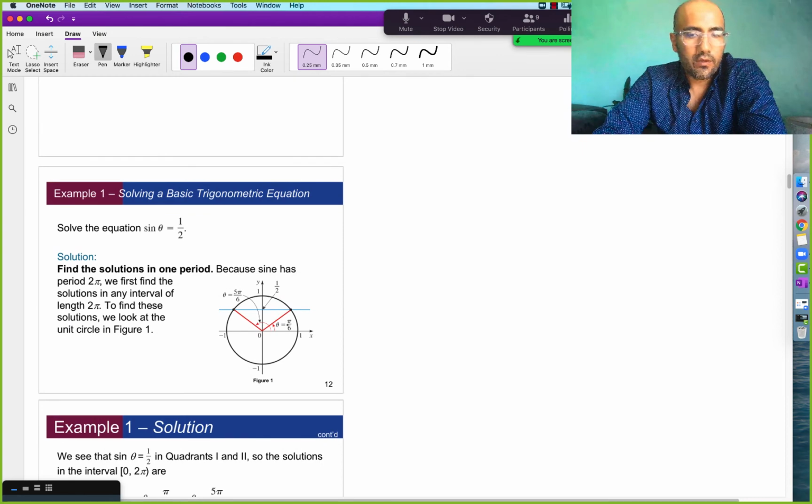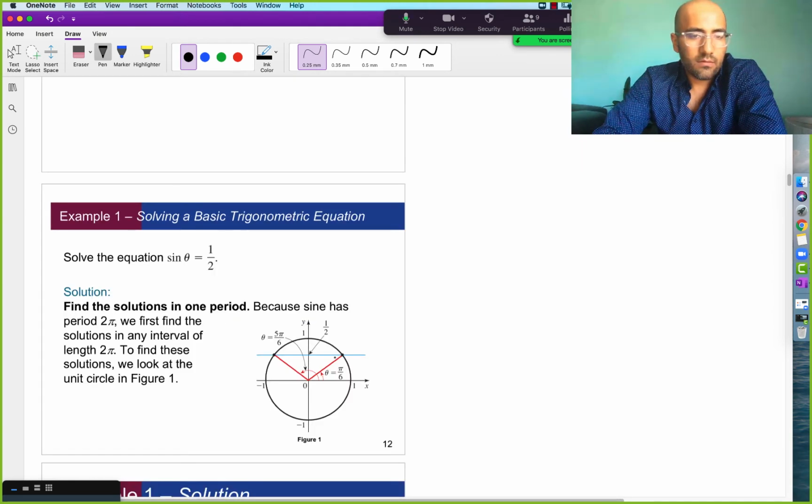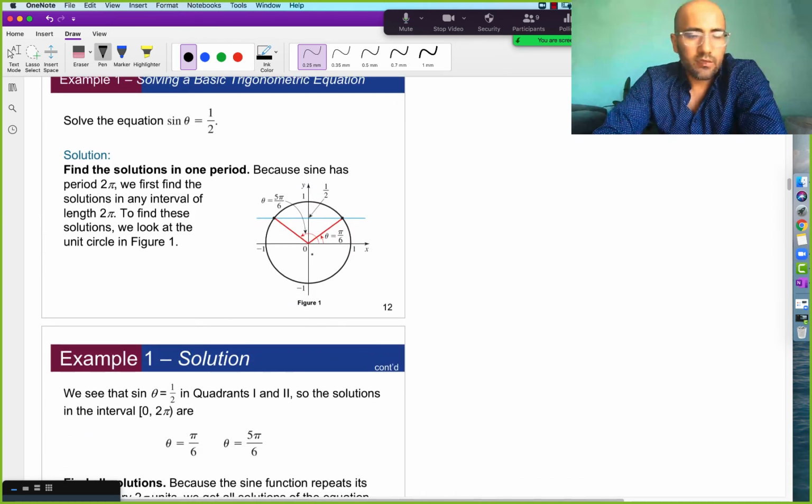So here's the work the author did. Quadrant 1 is pi over 6, that's 30 degrees. So we have to find another value in quadrant 2, that's going to be the 150 degrees, that's 5 pi over 6. And the reason we're in quadrant 2 is because sine gives you a positive value, right?